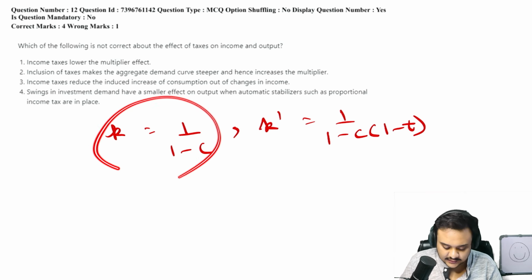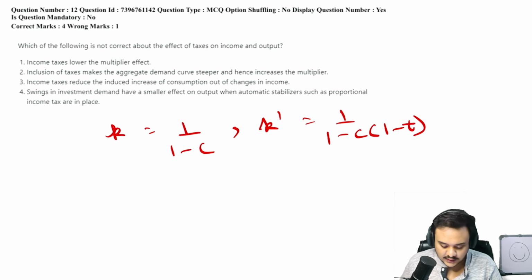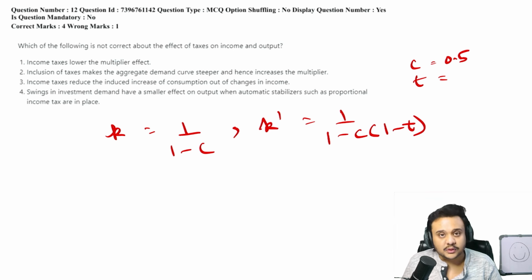So which of these is a bigger value? If we just give some values to this, let us take C is equal to 0.5. You should know this already, by the way. I'm just trying to give you an example, if you are confused in the exam how you can try to figure that out. So you just take T to be anything. Let's take it as 0.5.